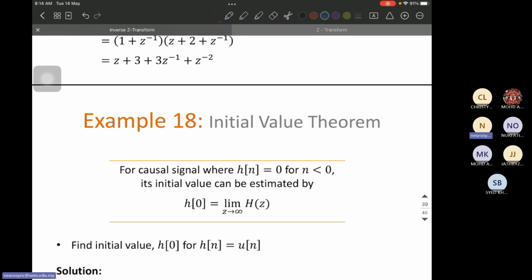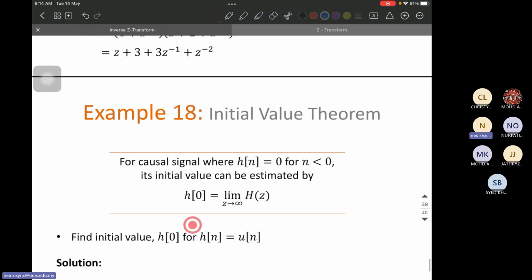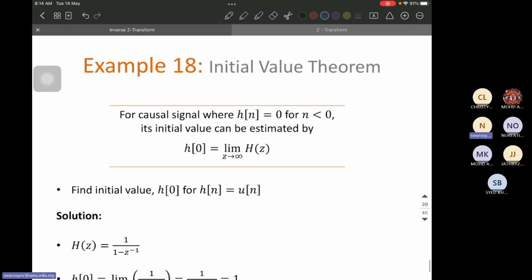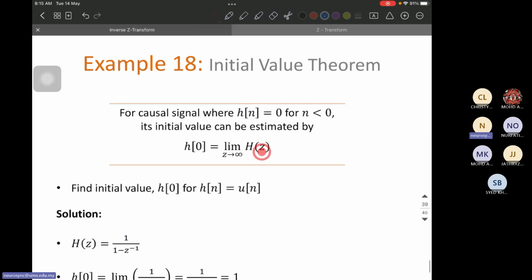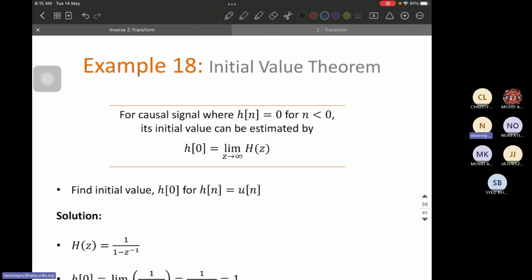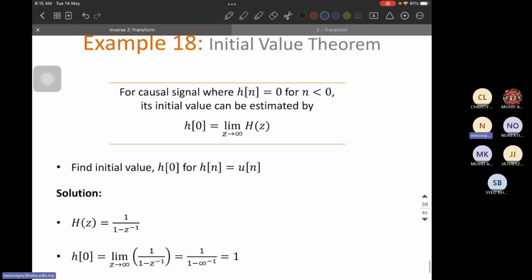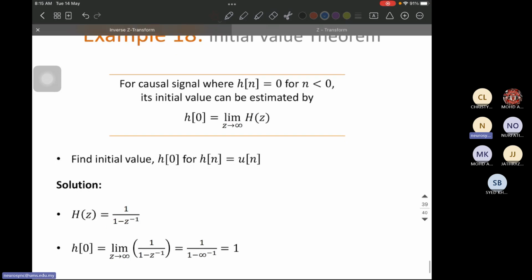Now suppose we have an example like this: h of n is given, which is equal to u of n, and find the initial value h of 0. We can apply this formula, limit z tends to infinity of H of z. I know the z transform of u of n is H of z, which is 1 divided by 1 minus z inverse.